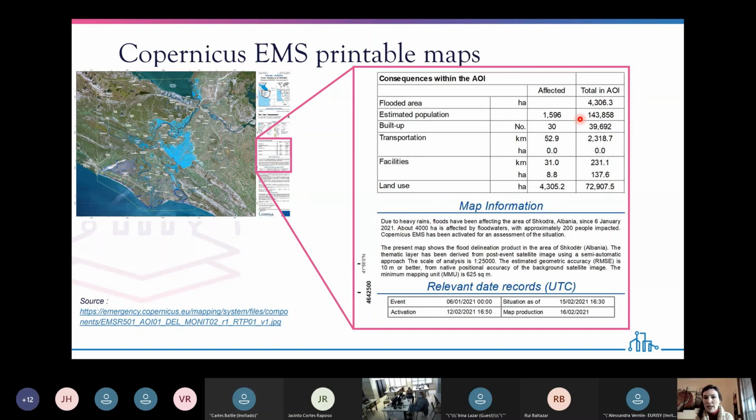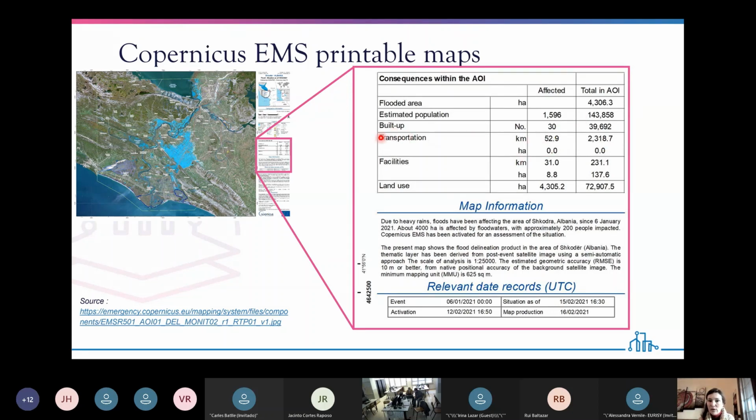So here you can see how you could use the layer of the flooded area in order to extract additional information. And this is an exercise that you are going to do this afternoon in order to exploit this data to extract additional details.